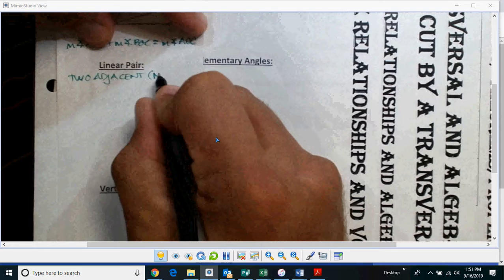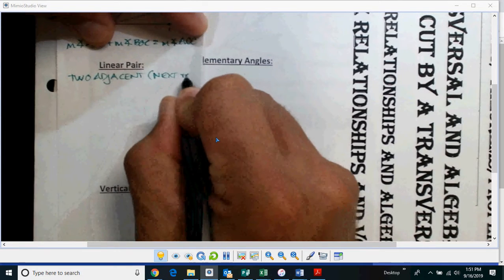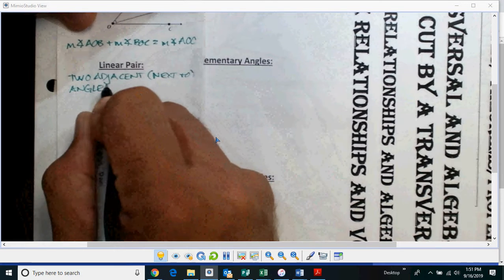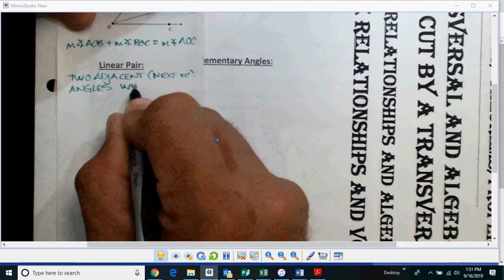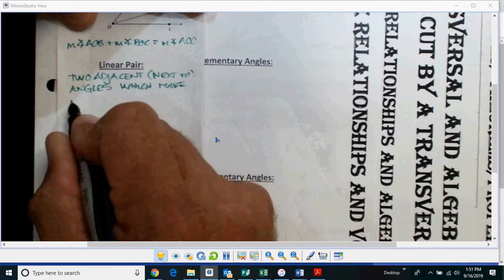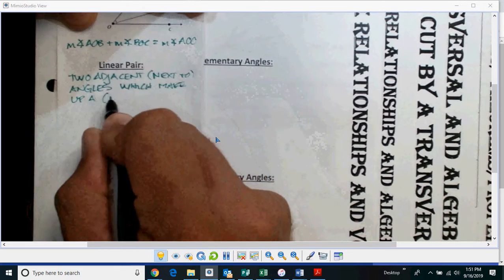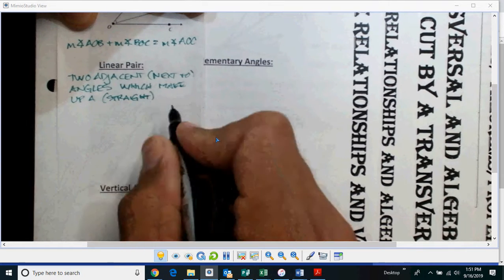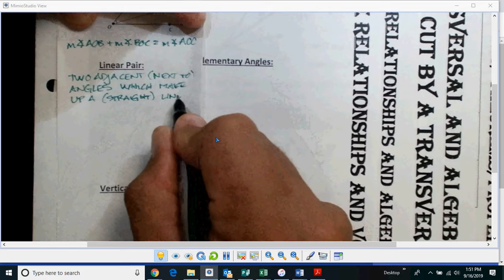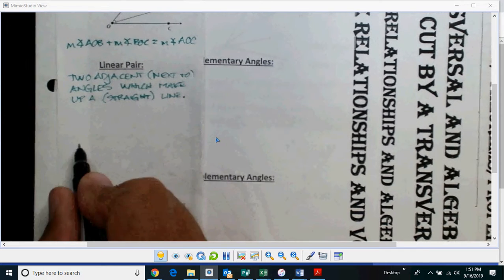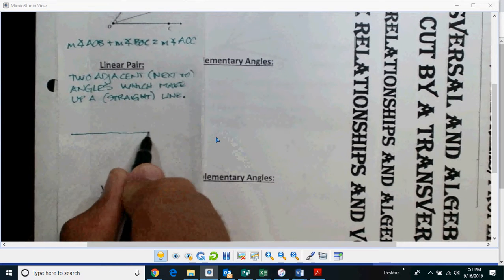All right, adjacent means next to. So two adjacent angles which make up a straight line. It could look something like this.